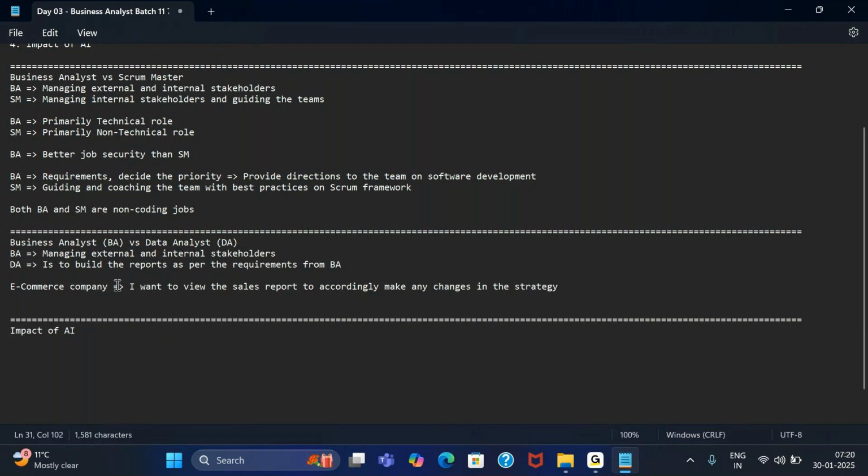Now what the BA will do is work with the stakeholder to identify what all parts you want to see in the report. For example, I want to see how many items were sold, at what price the items were sold. Did we sell these items at a discount? Did we sell at MRP? How many items were sold with discount?